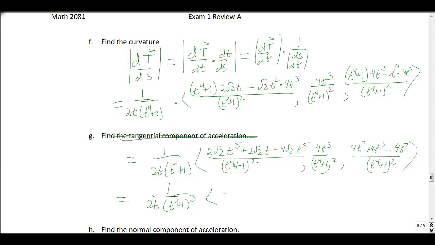For here, I'm going to get a 2 square root of 2 t minus 2 square root of 2 t to the 5th. 2 square root of 2 minus 4 square root of 2 is negative 2 square root of 2. You get a 4t cubed, and then the 4t to the 7th minus 4t to the 7th is 0. I'll get a 4t cubed here as well.